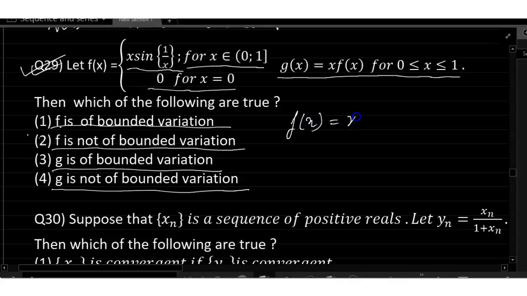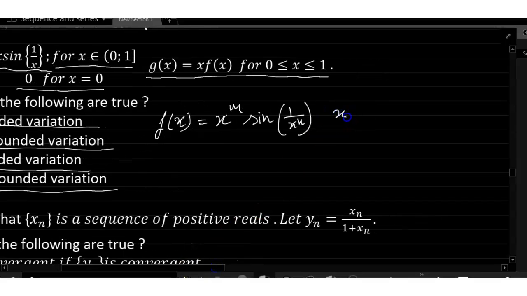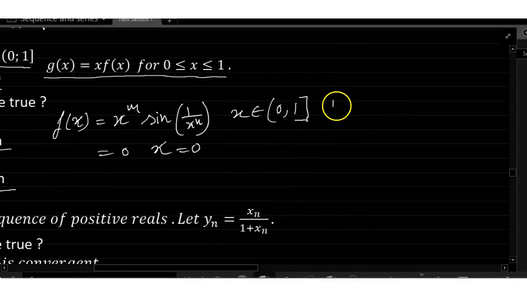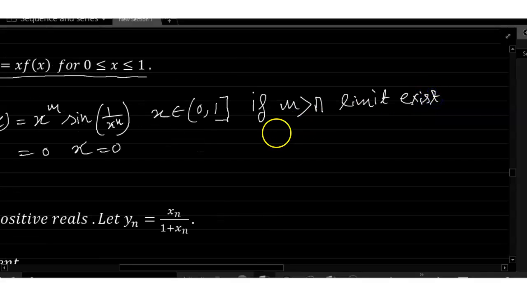f(x) is equal to x to the power m sine 1 by x to the power n, where x belongs to (0, 1] and equals 0 when x equals 0. So if m greater than n, the limit exists, then it is of bounded variation.